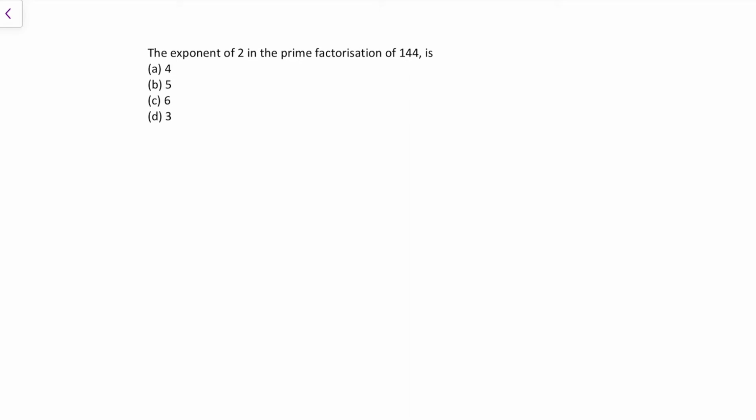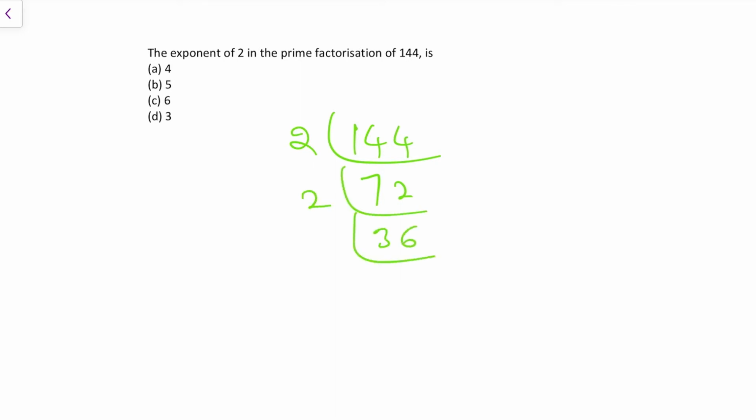Next, the exponent of 2 in the prime factorization of 144. So we need to do prime factorization of 144. 2 7s are 14, 2 2s are 4, 2 36s are 72, 2 18s are 36, 2 9s are 18, then comes the 3 table, 3 3s are 9.